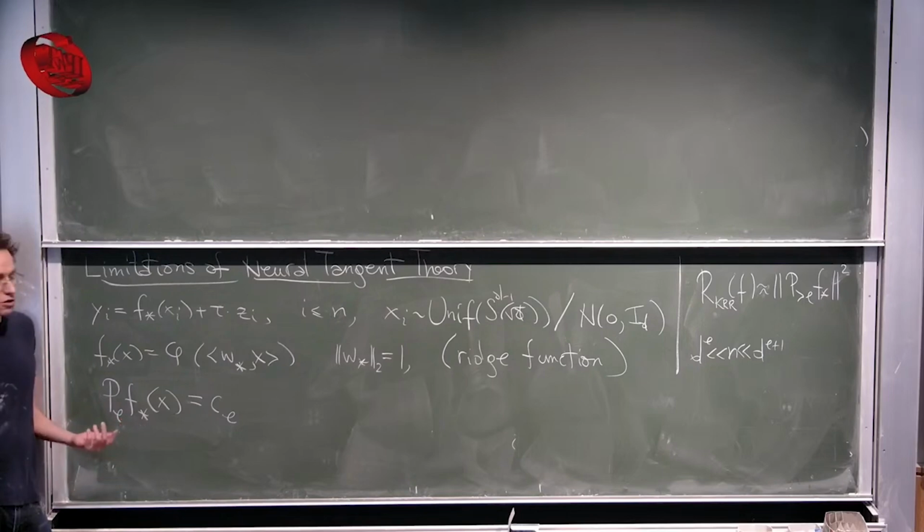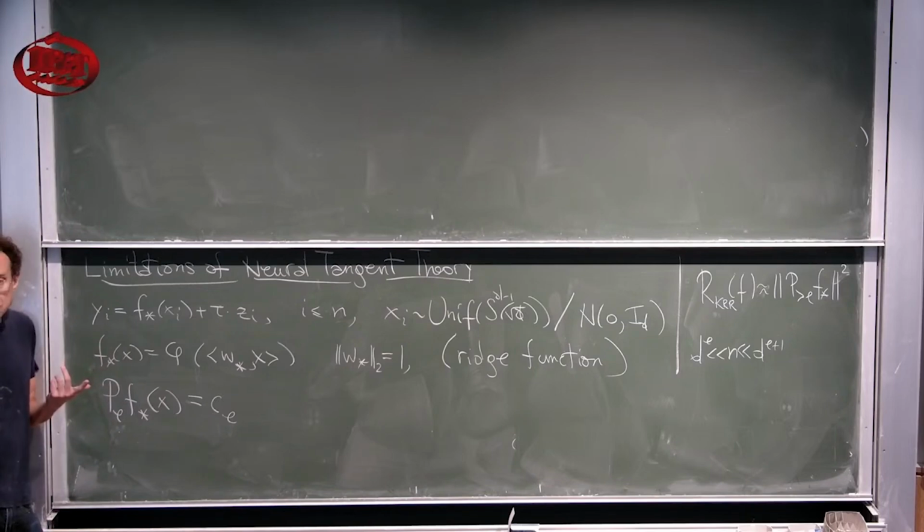And just by rotation invariance, it has to be invariant under rotation around w star, that leaves w star fixed. Up to multiplication by a constant, there is only one spherical harmonic in dimension d that is invariant under rotation around one axis.